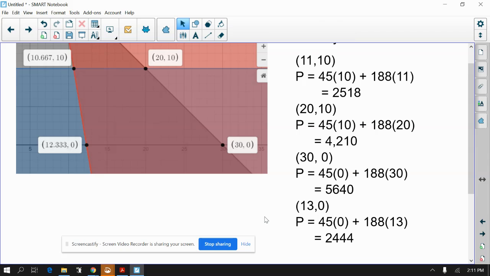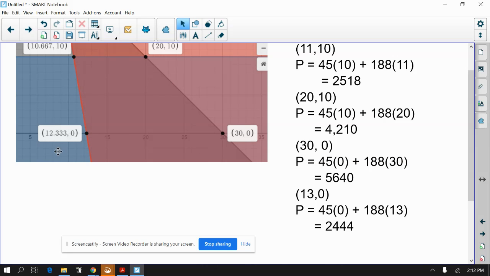Now, the beauty about this theorem is that there are many ordered pairs in here, but I don't have to check many ordered pairs. I can have faith in the theorem that the maximum is 5,640, which occurs at (30, 0). That was a vertex. You find all the vertices and you check each vertex.